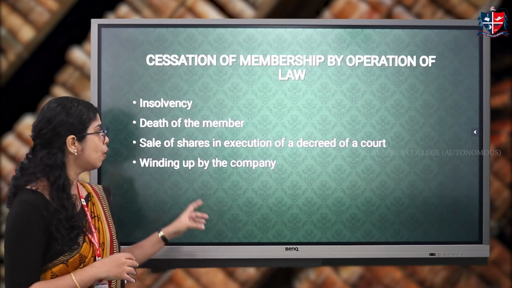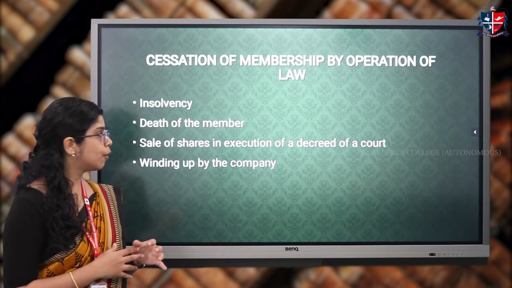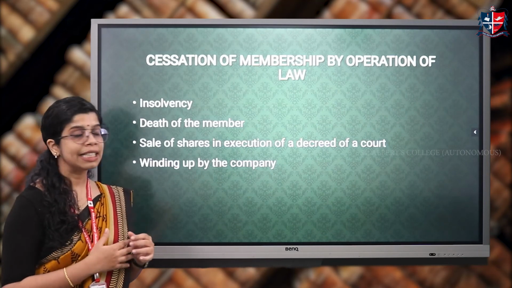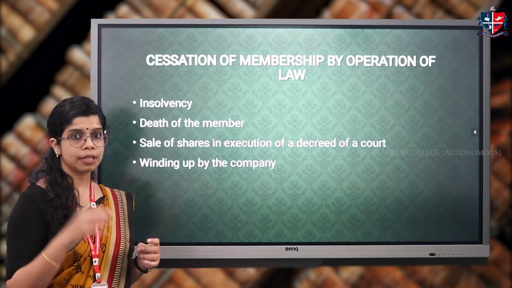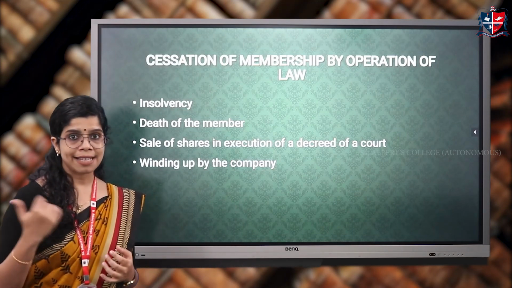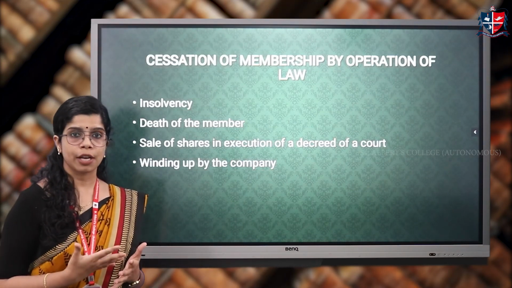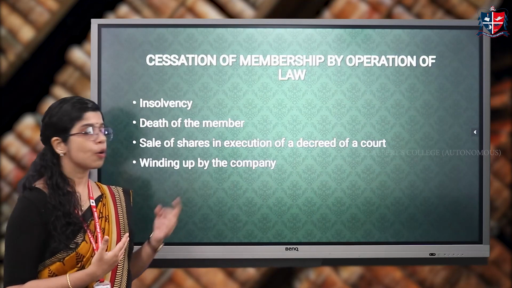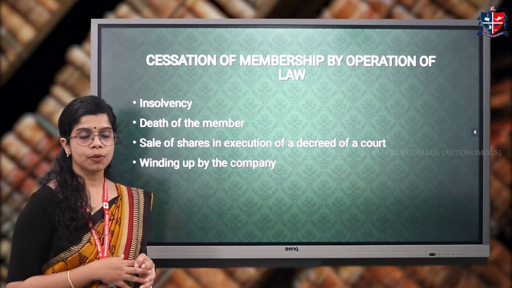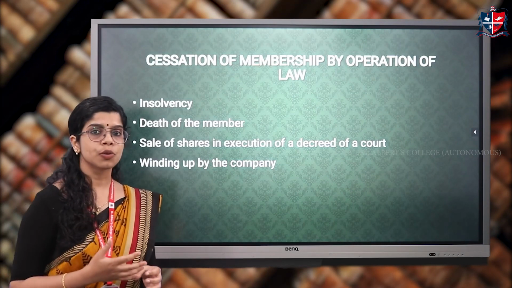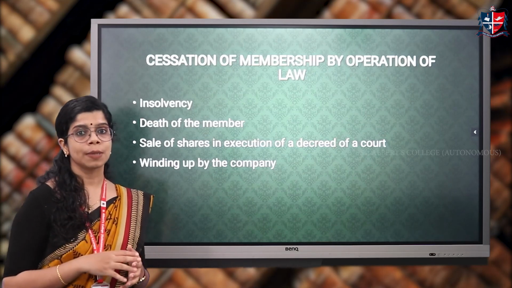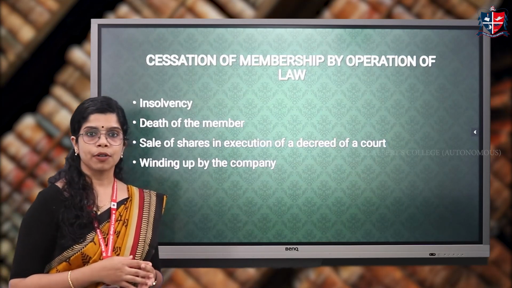On the death of the member, of course, and when the sale of shares is in execution of a decree of a court. There is a decree from the court saying that the shares have to be sold by a shareholder. In that case also, operation of law is applied. And when the company is being wound up, then also operation of law happens, and the existing shareholder ceases to be a member of the company.